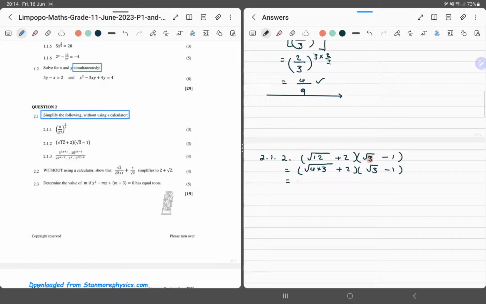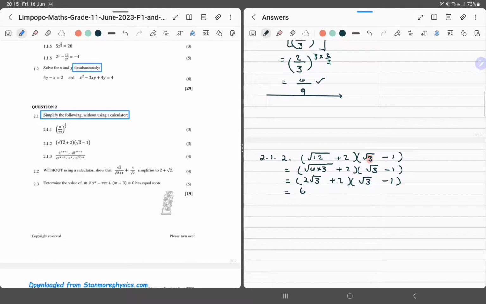Okay, so when we simplify further, this is 2 root 3 plus 2 into the square root of 3 minus 1. Okay, that's nice. And then now we do the FOIL method. Remember now, root 3 times root 3 is 3, times 2 is basically 6. Then we get minus 2 root 3 plus 2 root 3, that goes away, it becomes 0.